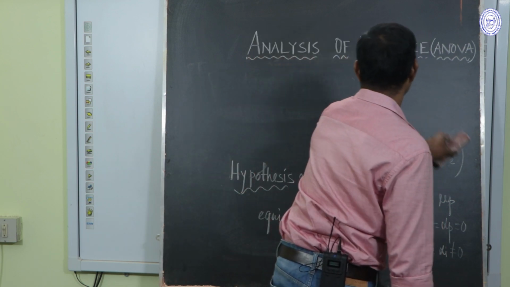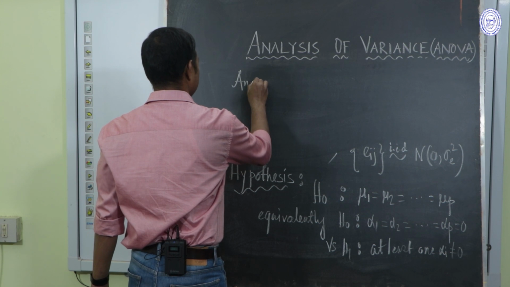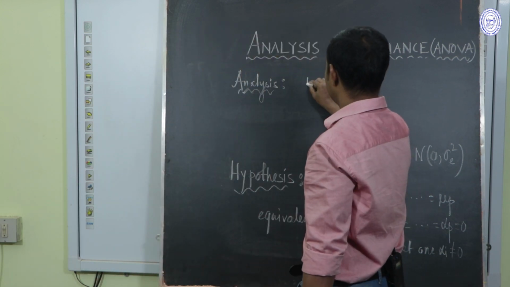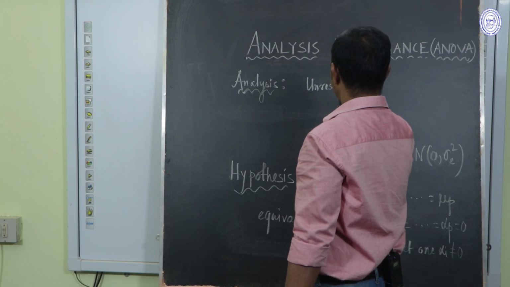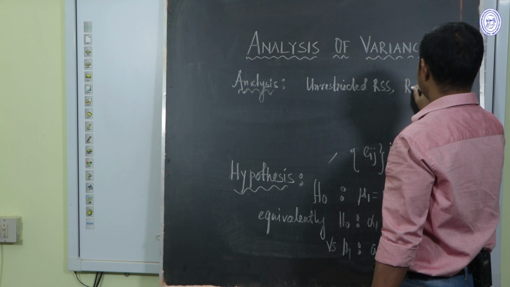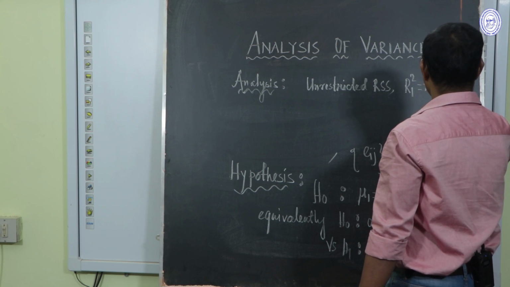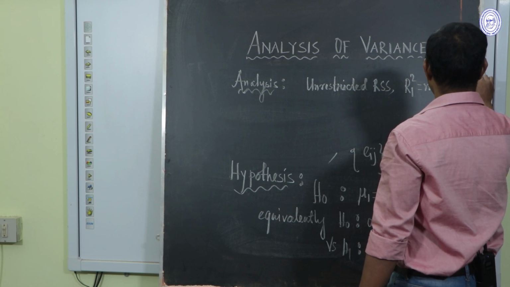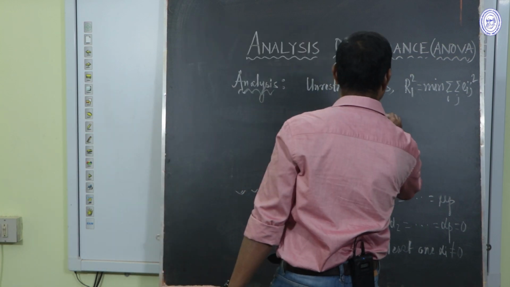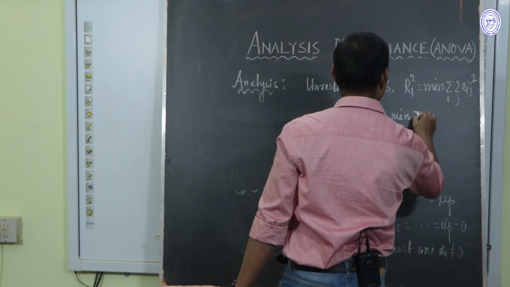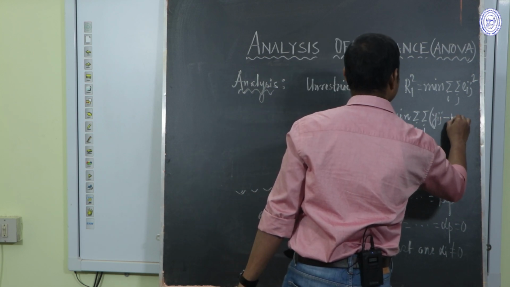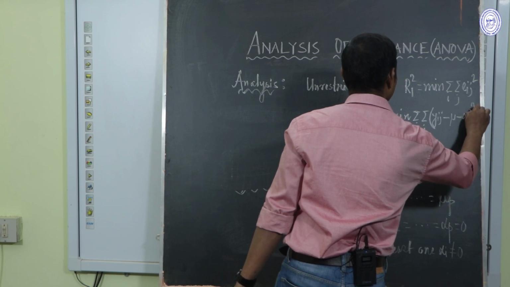Next, analysis. The unrestricted residual sum of square R1 square equal to minimizing double sum e_ij square, summation over i, summation over j, equal to minimizing summation over i, summation over j, y_ij minus mu minus alpha_i whole square.